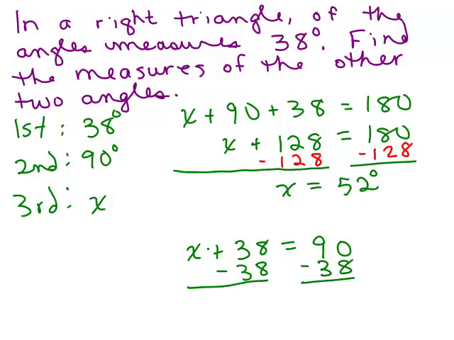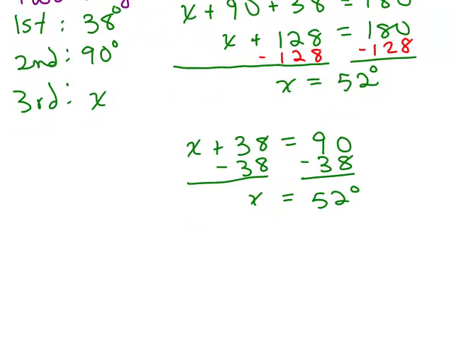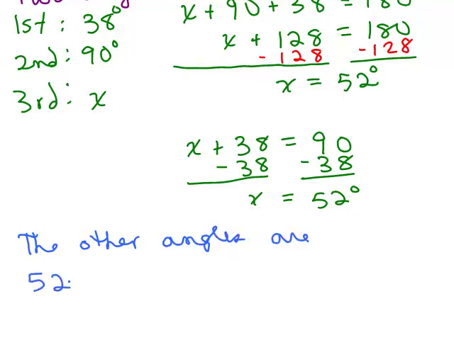A different person may have solved it this way. And they also got 52 degrees. So it doesn't matter which way you think about it. You know that one of the angles is 90, and now you know the other one is 52. So that's all you would write here. The other angles are 52 and 90 degrees.